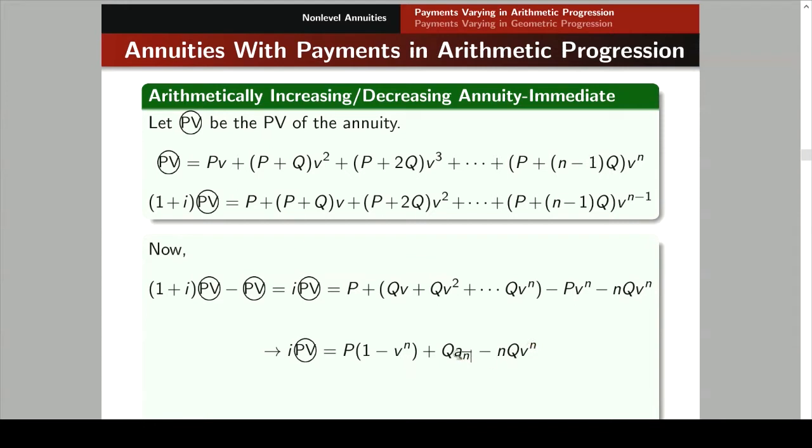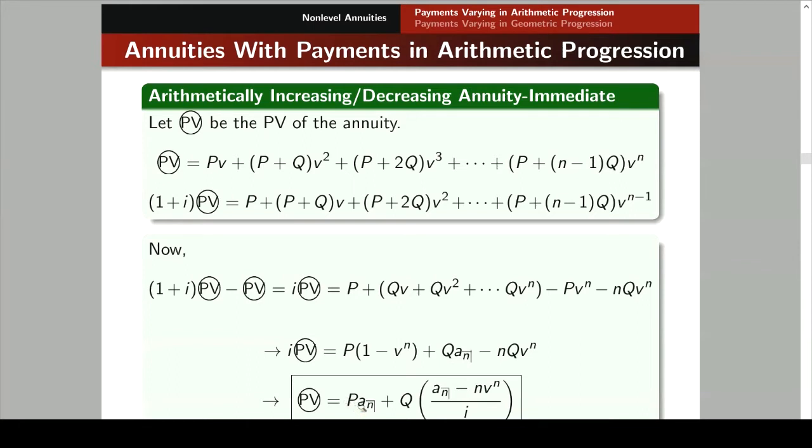And these are the two terms with Q. To finally get the present value of our annuity, you divide both sides by i. Let us see what will happen. Dividing this by i, it becomes (1 minus v to the n) over i. But what is that? a angle n. So that's why we have this.